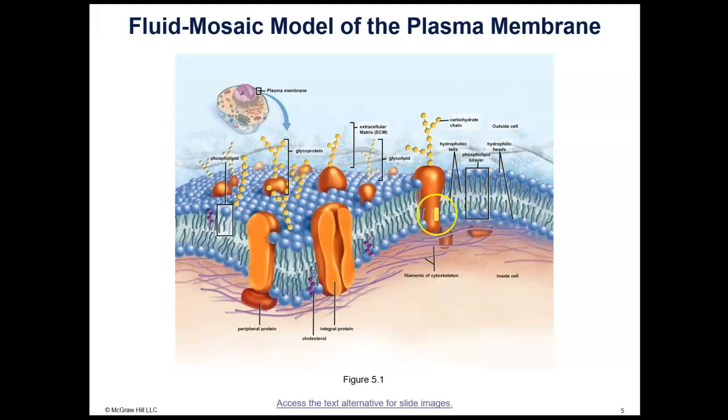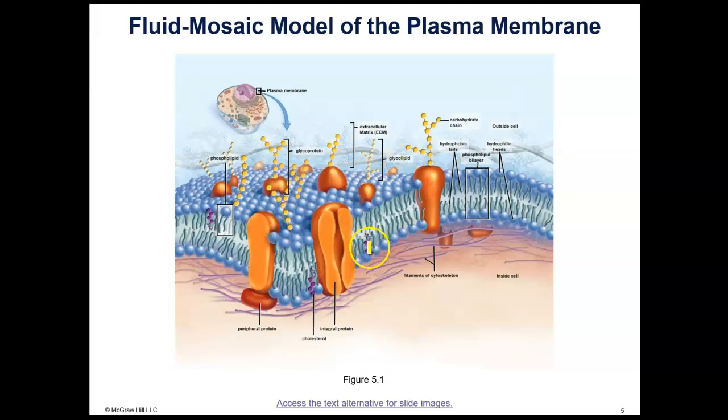So that's the phospholipids. Then we have these large orange molecules. Those are proteins. Some of the proteins have carbohydrate chains attached, and we call them glycoproteins. And then we also have carbohydrate chains that are attached directly to a phospholipid, and that would be called a glycolipid.